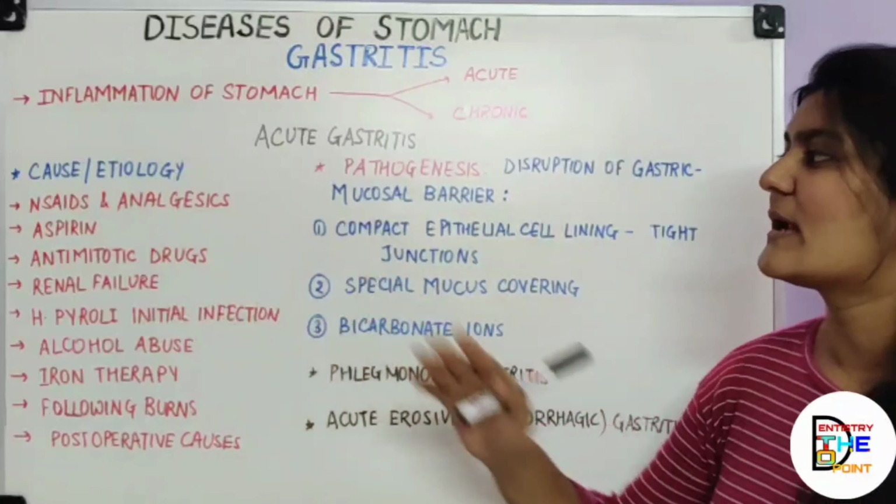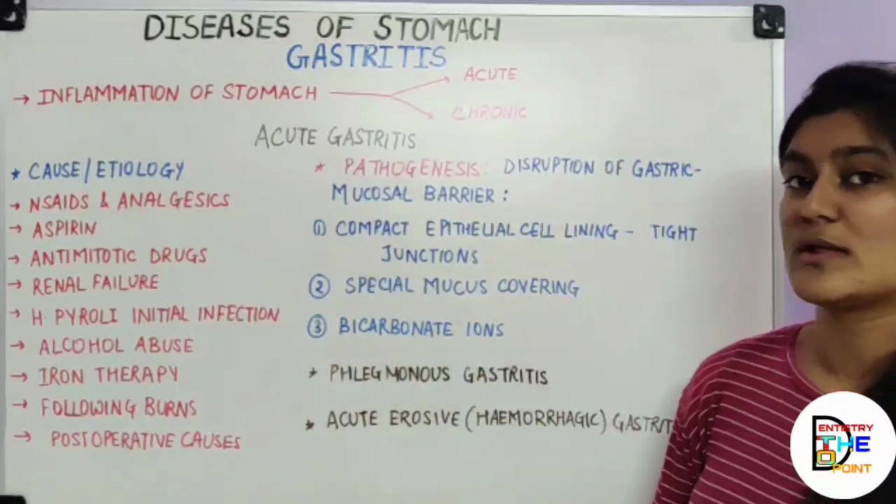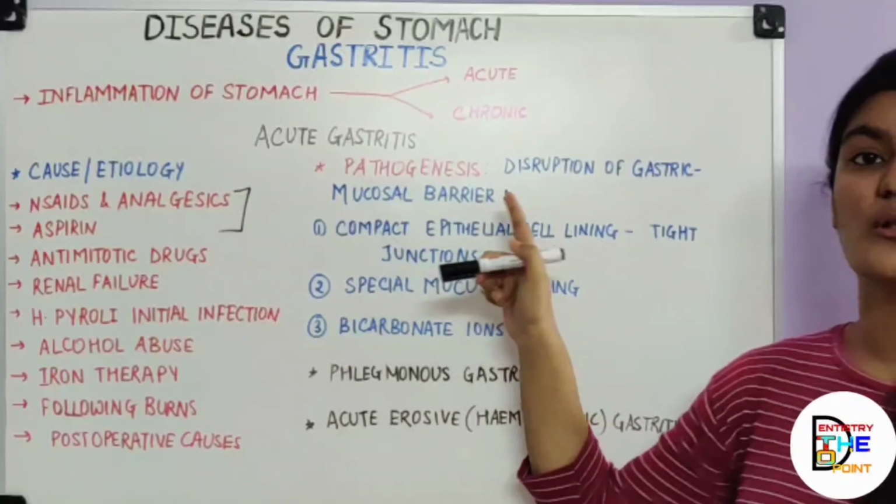So moving on to the etiology, that is, what things affect these mechanisms. Firstly is your NSAIDs, that is your non-steroidal anti-inflammatory drugs, and analgesics, and also aspirin. Now these two are the most common cause. Aspirin and NSAIDs are the most common causing factors for acute gastritis. What they do is that they interfere with the mechanism of the gastric mucosal barrier.